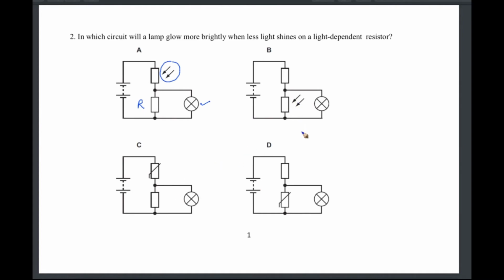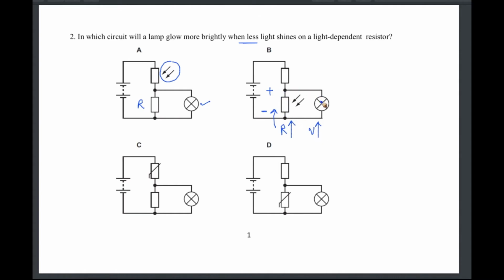Here in case B, if less light shines, it means the resistance would be high. And if resistance is high, the voltage would be more. It means more voltage drop across this LDR.